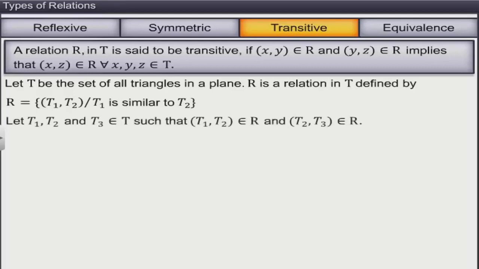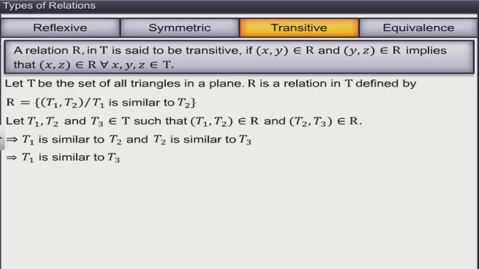Consider the ordered pairs (T1, T2) and (T2, T3) in set R. By definition, T1 is similar to T2 and T2 is similar to T3. Now, T2 is similar to both T1 and T3, so this implies that T1 is similar to T3.